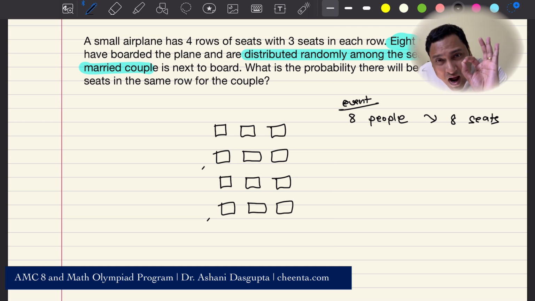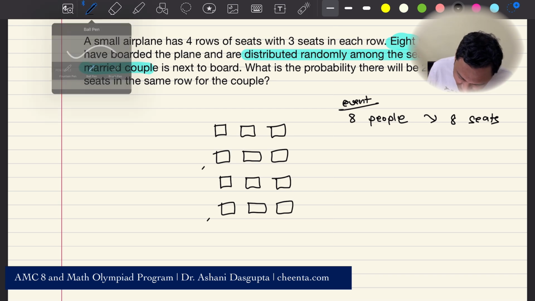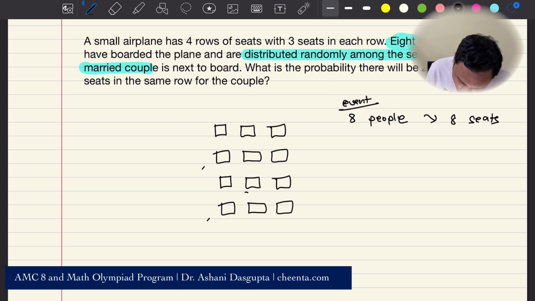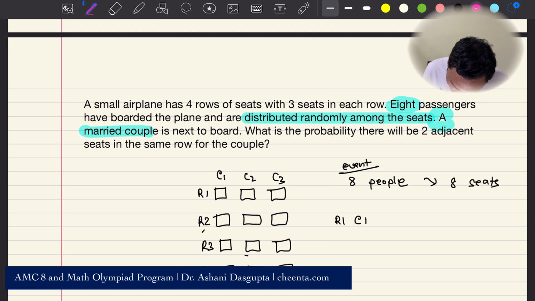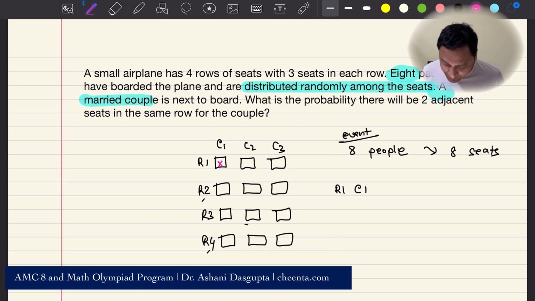What is one such event? Okay, so one such event can be that this is row 1, row 2, row 3, row 4, and column 1, column 2, column 3. So maybe one event is row 1, column 1, that is this particular seat is occupied.